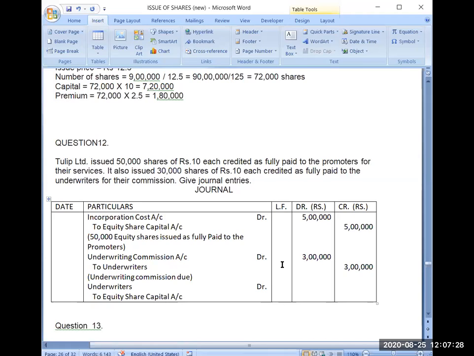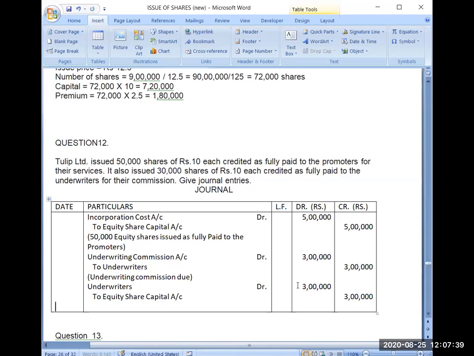Very good, very good. So now we will write the amounts. It will be again 3 lakh and it will also be 3 lakh. Now we will write the narration.